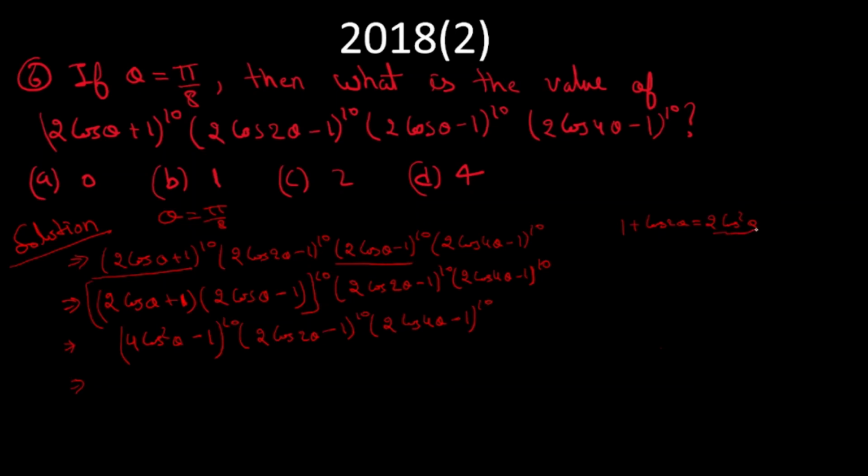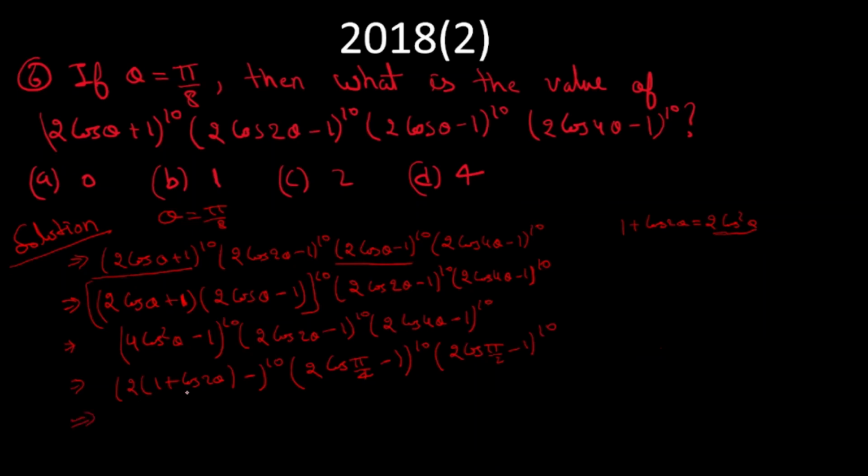So I put 2 cos square theta value here. When we put that, we get (2 (1 plus cos 2 theta) minus 1) power 10. Here I put the theta value, so we get (cos pi by 4 minus 1) power 10, and here we get (2 cos pi by 2 minus 1) power 10.